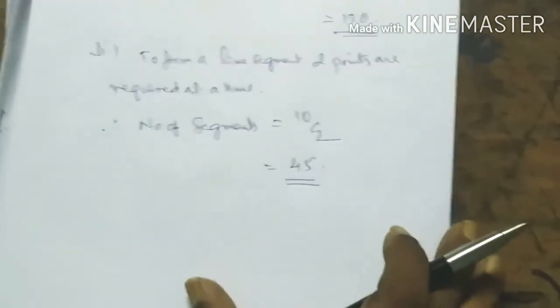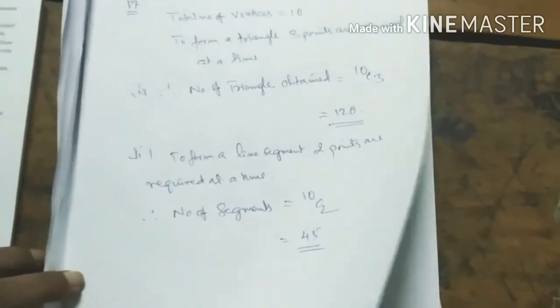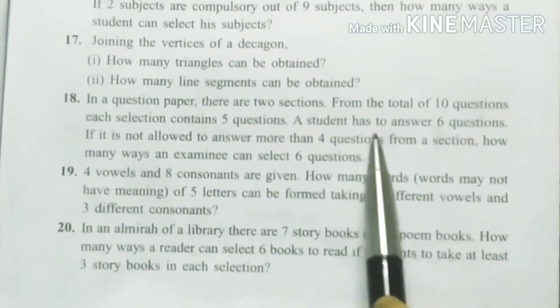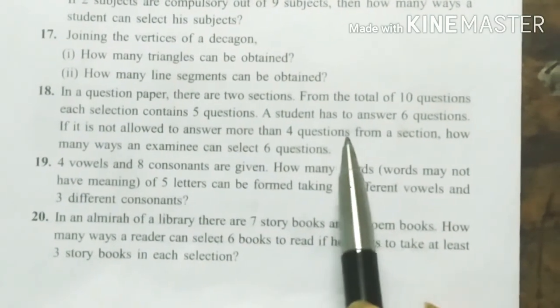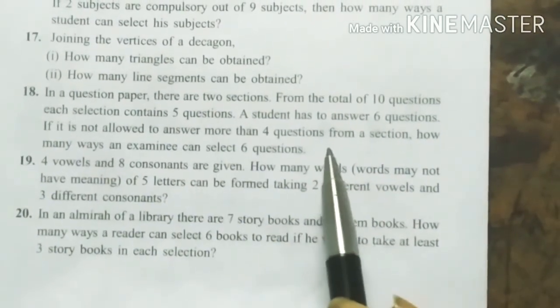Now I move on to question number 18. The question is, in a question paper there are 2 sections. From the total of 10 questions, each section contains 5 questions. A student has to answer 6 questions. If it is not allowed to answer more than 4 questions from a section, how many ways can an examinee select 6 questions?